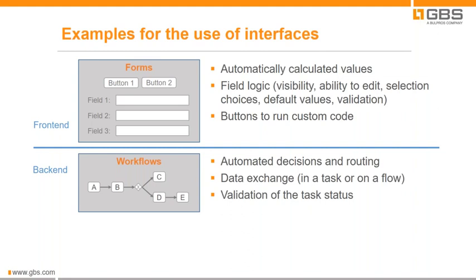Then there's the backend side. For AppDesigner in the backend, there's the workflow engine that determines which steps will follow the current step and which decisions are possible. So what are the possible routes that this precise workflow can take?